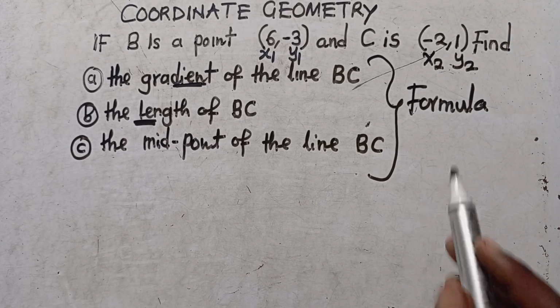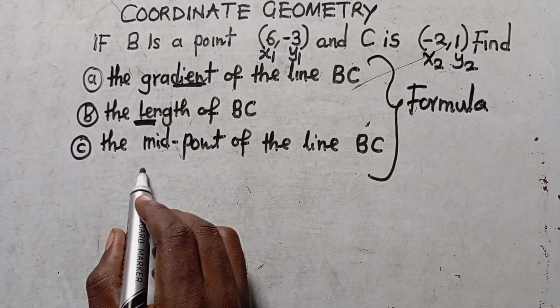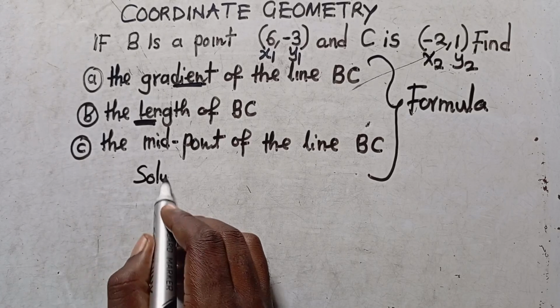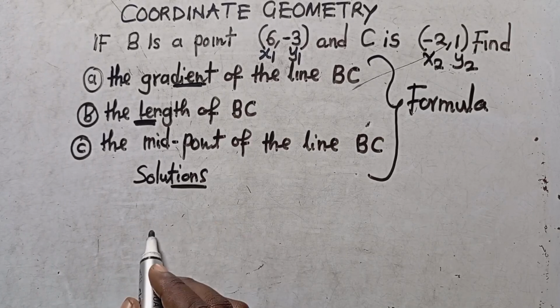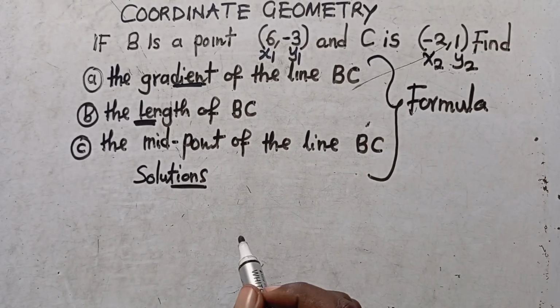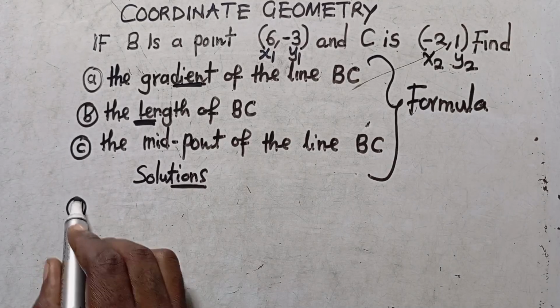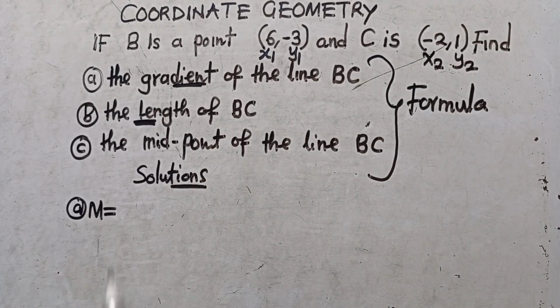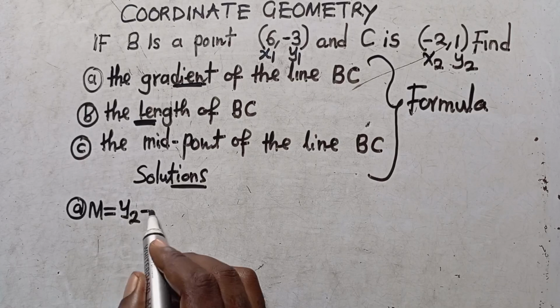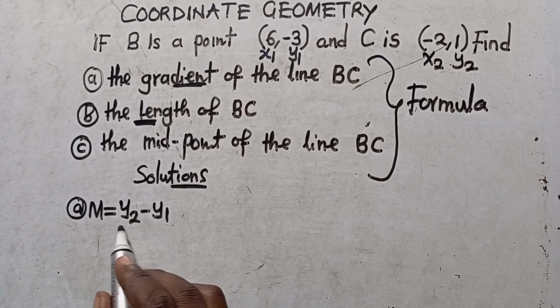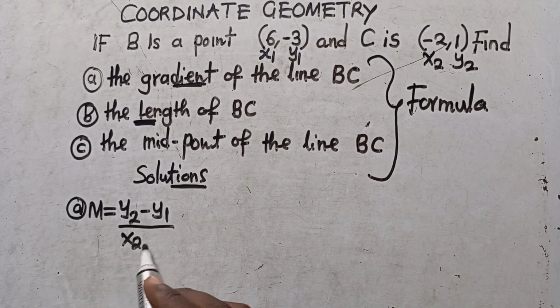So for us to be able to find the gradient, I will say solutions. To find the gradient of the line BC, what we need to do is know the formula for gradient. The formula is y2 minus y1 over x2 minus x1.